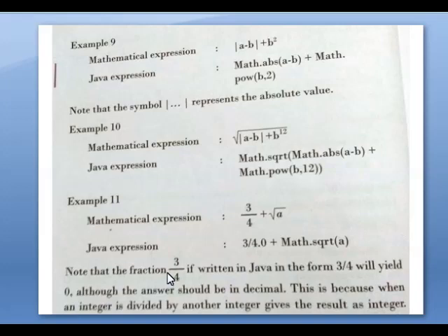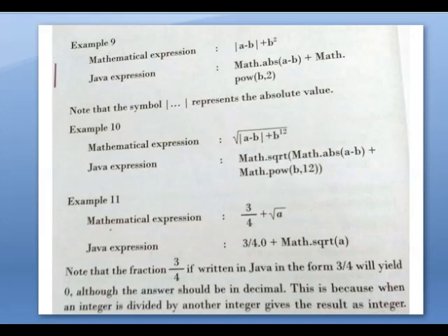We cannot divide this number into a fractional part, so it will produce only the quotient 0. Instead of producing the output 0, we have to put the denominator as 4.0. Although the answer should be a decimal, when an integer is divided by another integer the result is an integer.